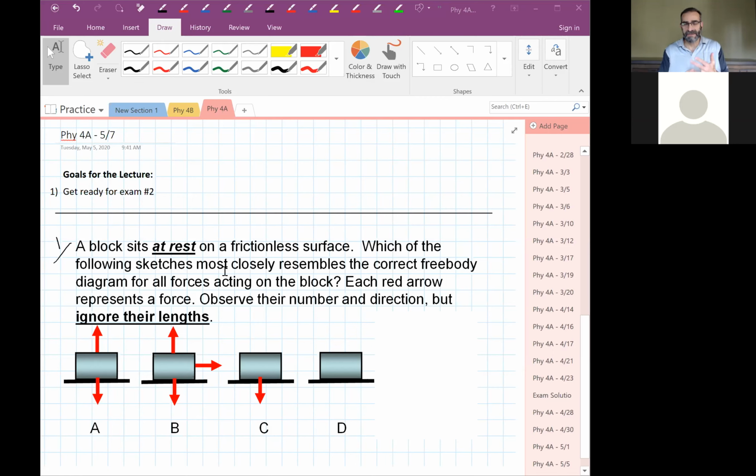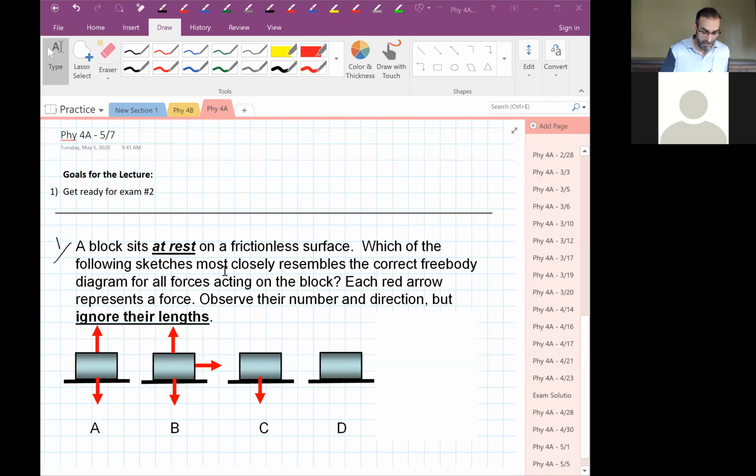Gravity is easy, we've got the force of gravity. A rope is easy, you've got tension. Sometimes you have a hand pushing on something. How do you mark that? Is it F hand? Is it a normal force from the hand? It's up to you. Whatever helps you get that free body diagram right, and then use that free body diagram to get the next part right. That's what it's all about.